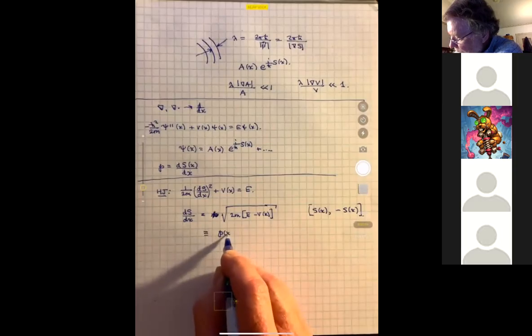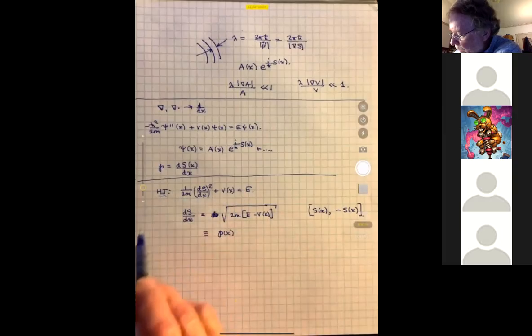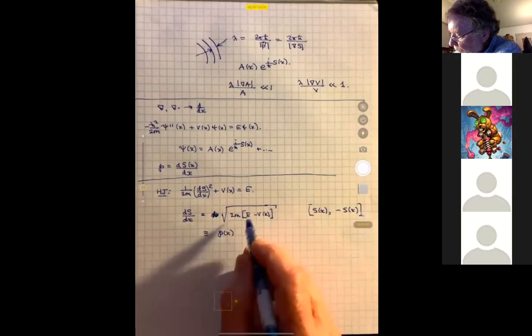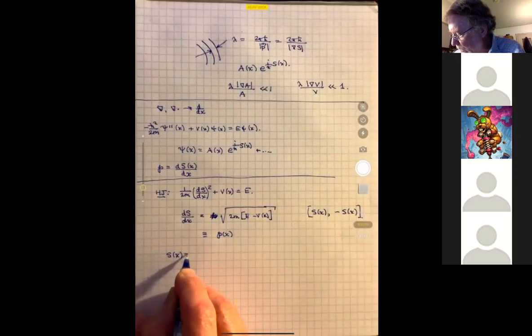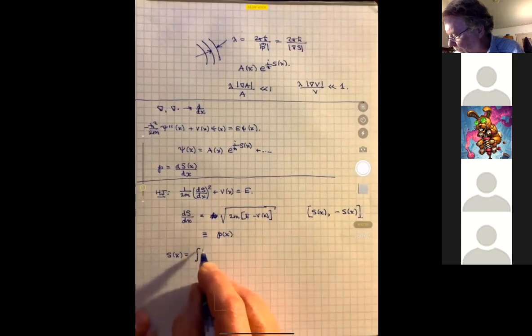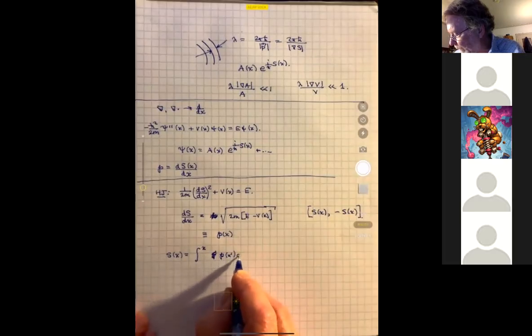Having done that, let's take this square root and notationally define it to be p of x. This is a reasonable definition because you see this is the classical Hamiltonian here. And if we do this, then p of x is defined as that square root. And then S of x is given by an integral from some lower limit to some upper limit of p of x prime dx prime.